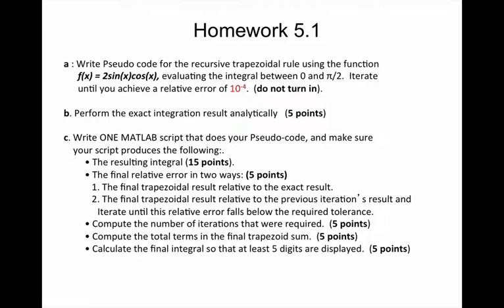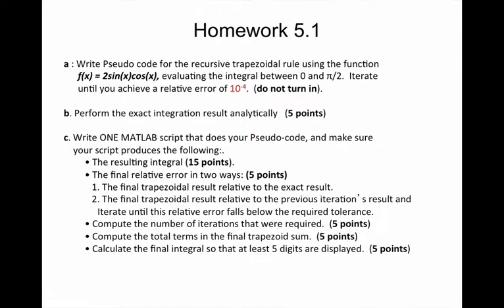But be careful, because you are using the recursive method, and the recursive method makes use of all the calculations prior to it, because it had that really smart way of only calculating new values in between the grid points that you already had set up. So make sure that you not only count all the points you're calculating on one iteration, but you keep track of all those that had been done before, because the sum of that is actually the number of terms that you'll have to count.